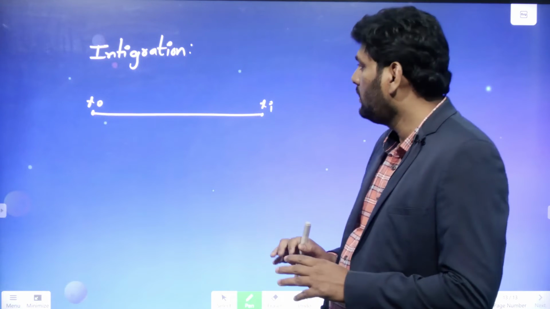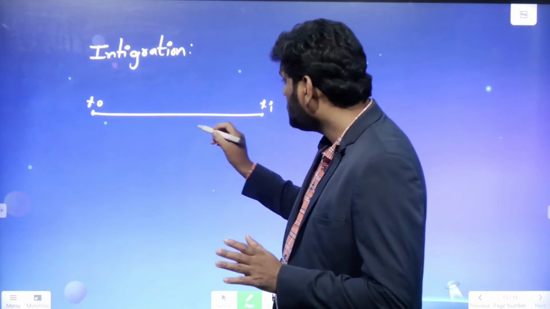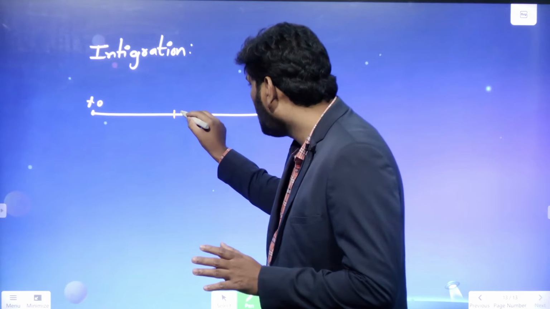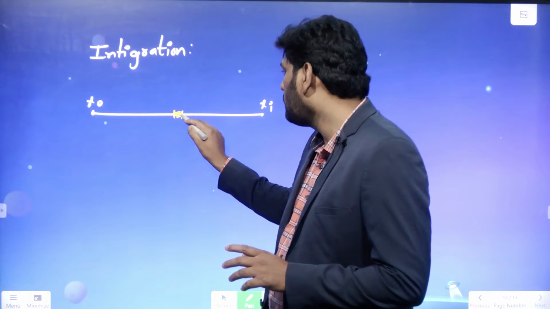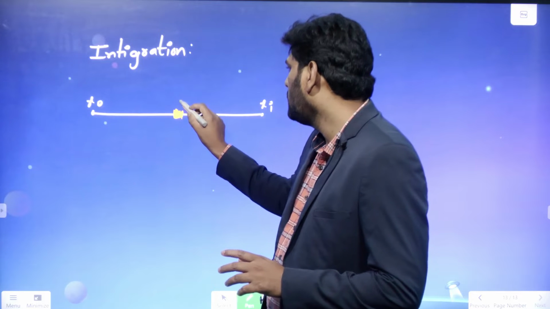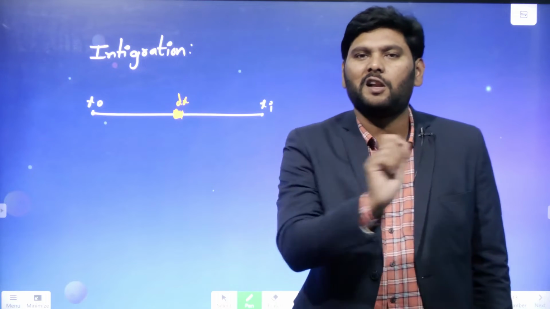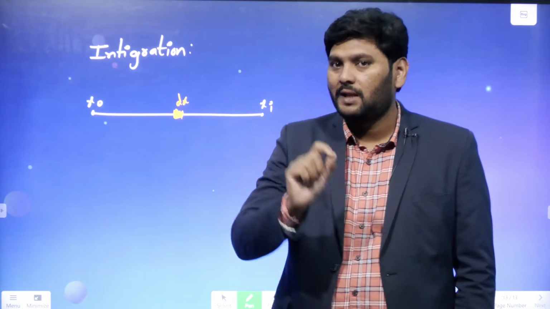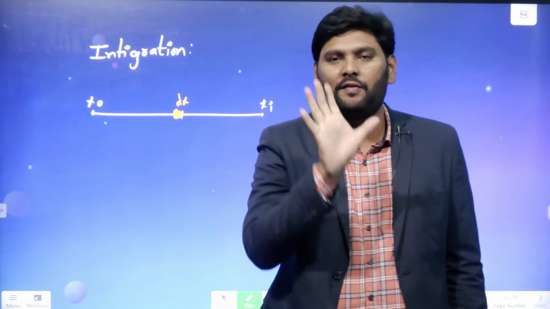Now in this length, let us find a very small value. Finding the very small value is nothing but differentiation, right? That small value you can take as dx, a very, very small part of the length. Finding that small part is nothing but differentiation.